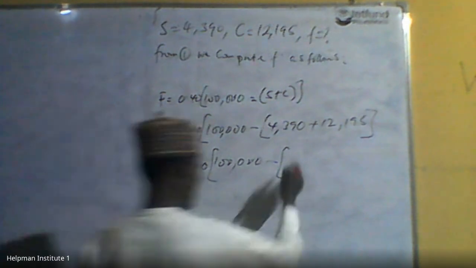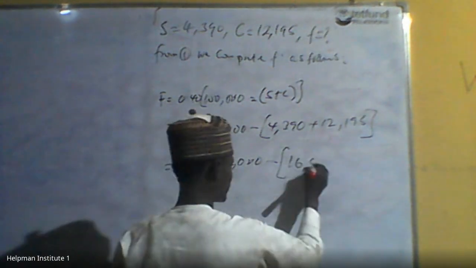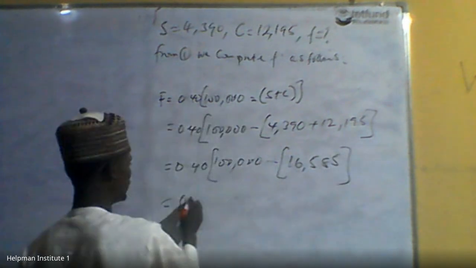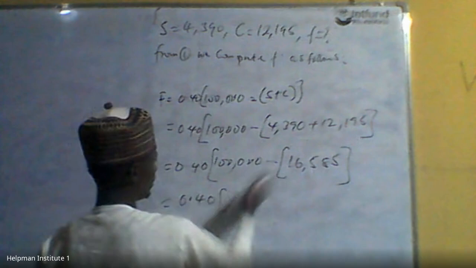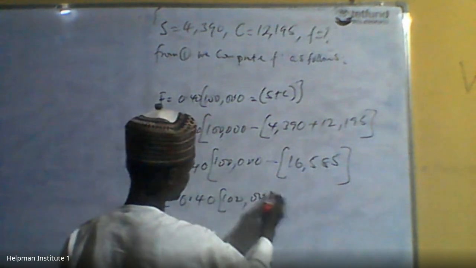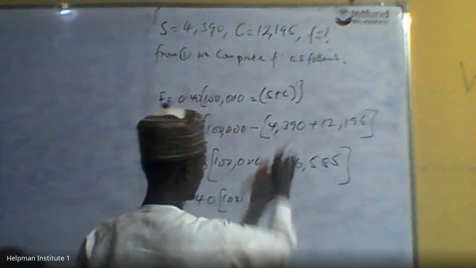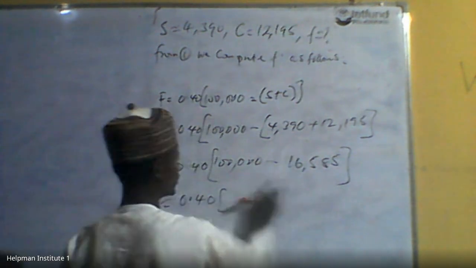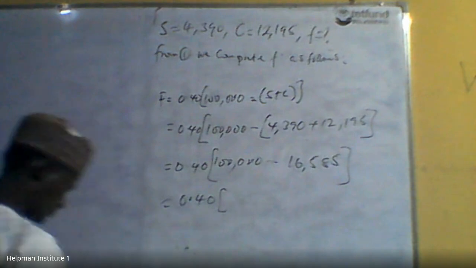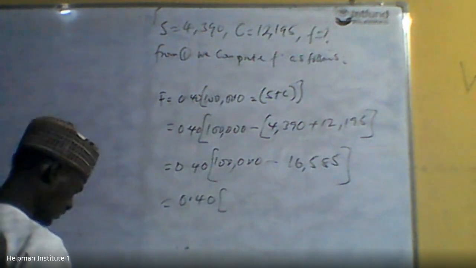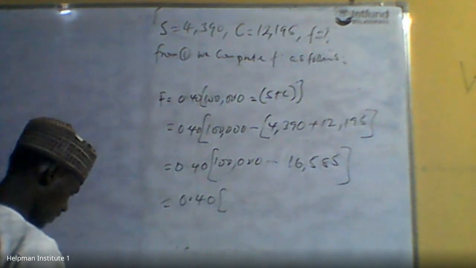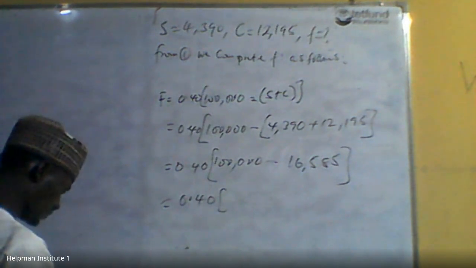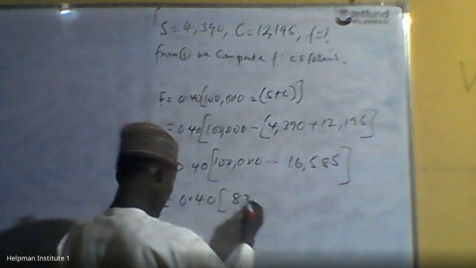We have 16,585. So we proceed. We have 0.40, we have 100,000 minus this. So we just subtract: 100,000 minus 16,585, and this is equal to 83,415.